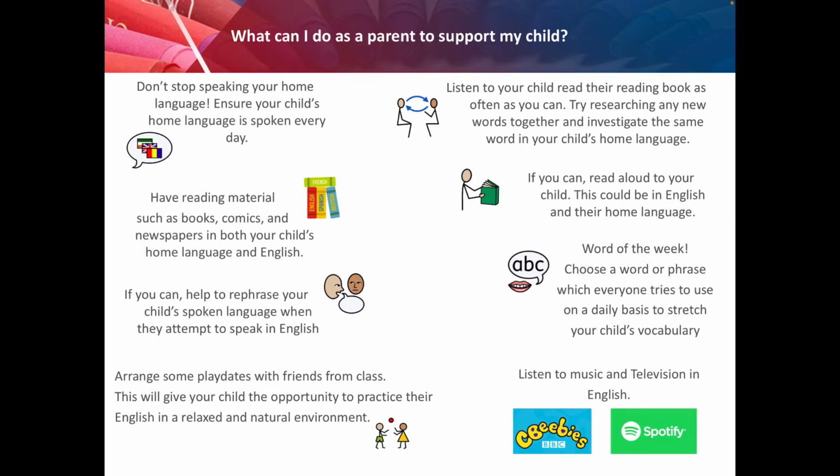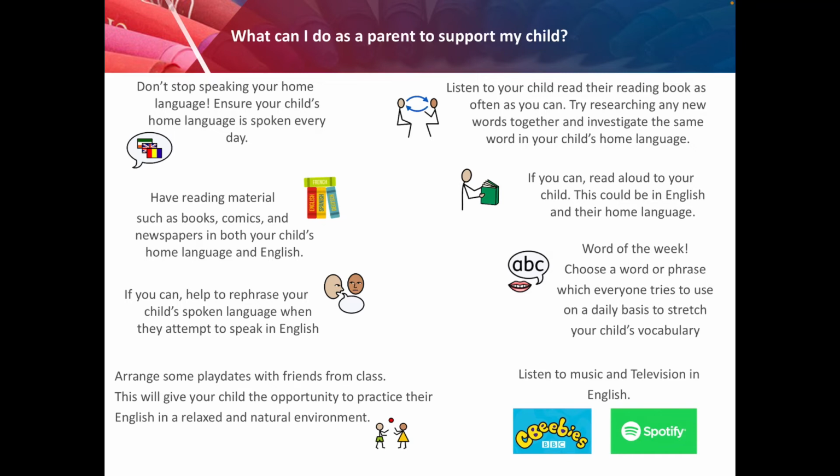Absolutely, yeah. Another thing you could do is to have some reading material available at home. So books, comics, newspapers in your home language and in English. And try not to worry too much about the level of the content that you're providing. It really doesn't matter. I say the key thing is to choose things that really pique their interest.